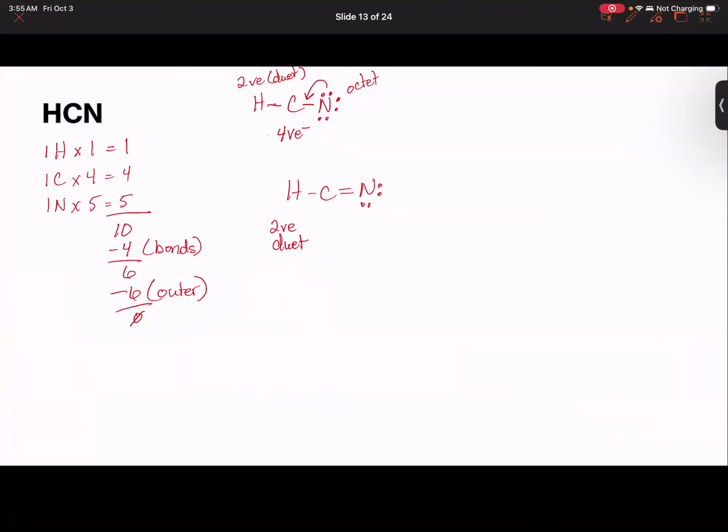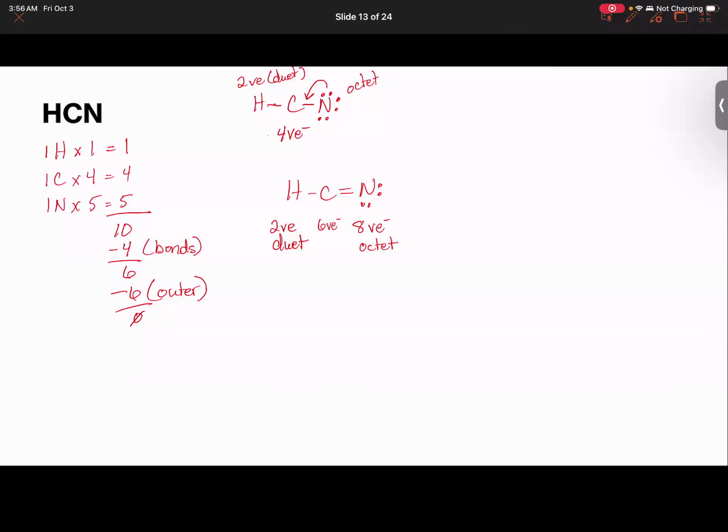Okay, so hydrogen has a duet. Now, if we look at our nitrogen, it has an octet still, because it has 4 in the lone pairs and it has 4 in the double bond. So it has its octet. But carbon currently only has 6 valence electrons.